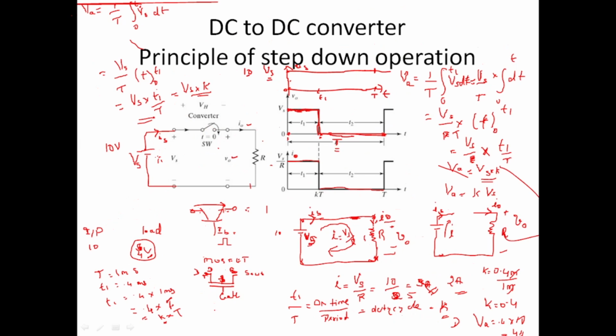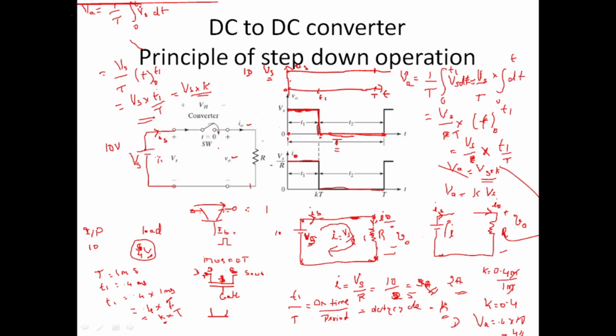If you are considering an IGBT, we assumed the drop between collector and emitter is 0. Anyhow, the drop across the switch when it is in on state, we assumed as 0. We have assumed that this switch is behaving like an ideal switch.